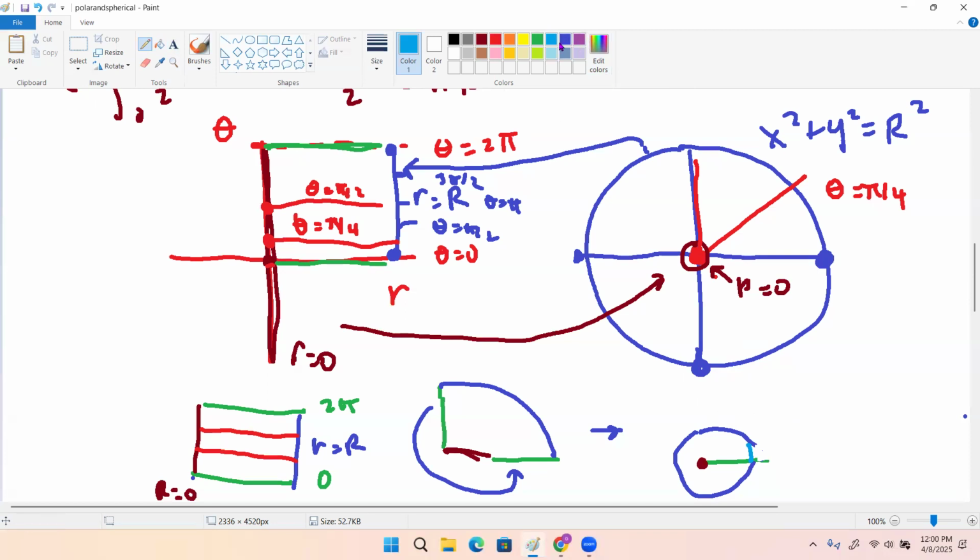Whoops, I meant for that to be blue, this color blue right here. That's what's going on. Okay. This thing just goes and collapses on itself, and you have this little wedge right here.